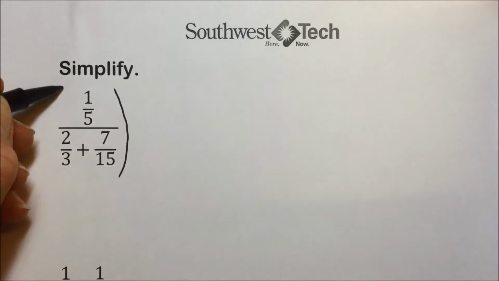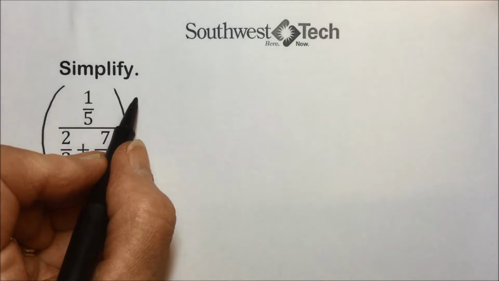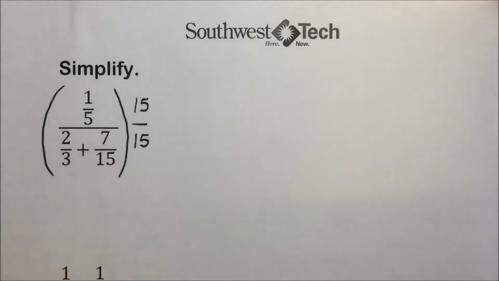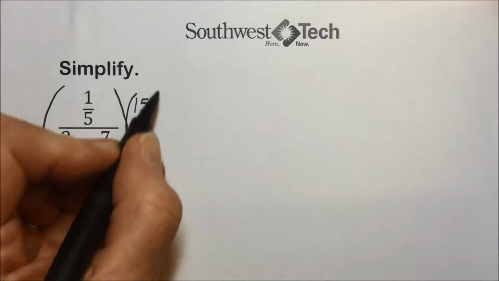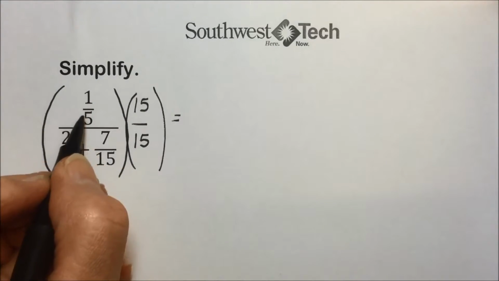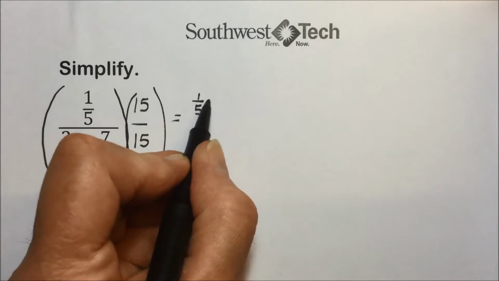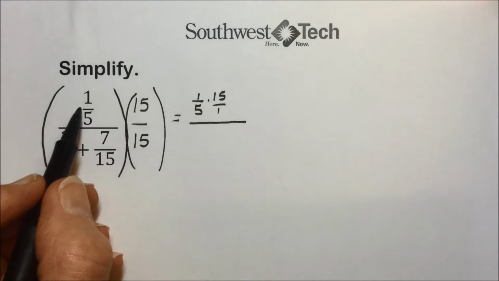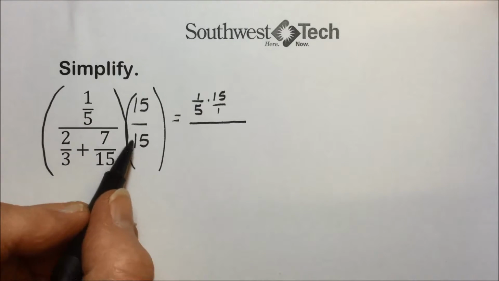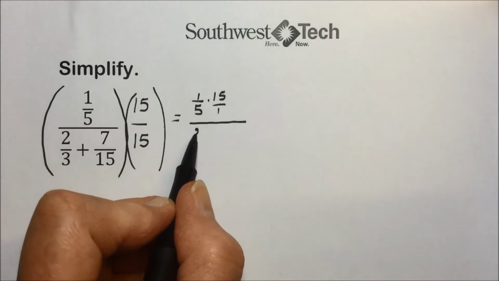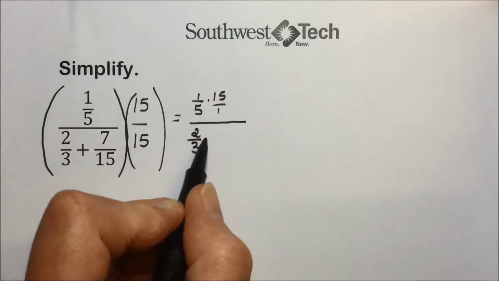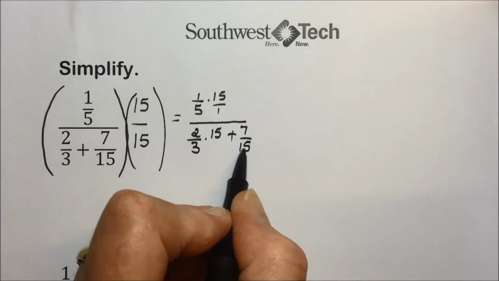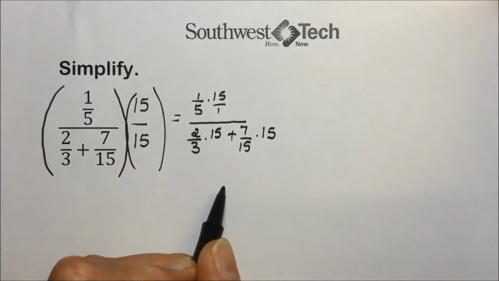So we will multiply both the numerator by 15 and the denominator by 15, which is ultimately multiplying by 1. 1/5 times 15, which is understood to have a denominator of 1, is in the numerator. The denominator we need to distribute will have 2/3 times 15 plus 7/15 times 15.